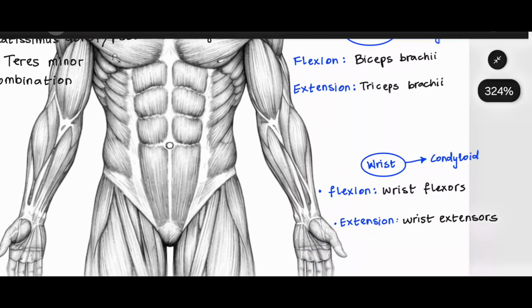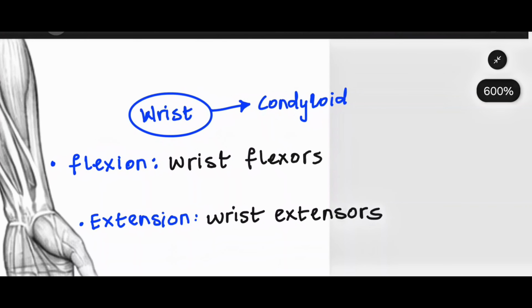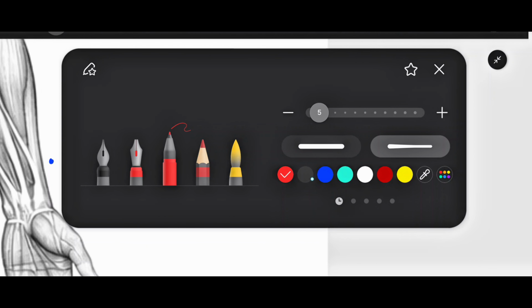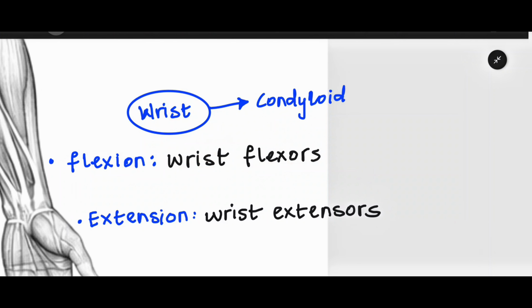Okay, next let's move on to the wrist. The wrist joint is a condyloid joint. Sometimes people refer to it as an ellipsoid joint, but you don't really need to know that for this course. But what you need to know is that the wrist is a condylar joint and it allows wrist flexion and wrist extension.